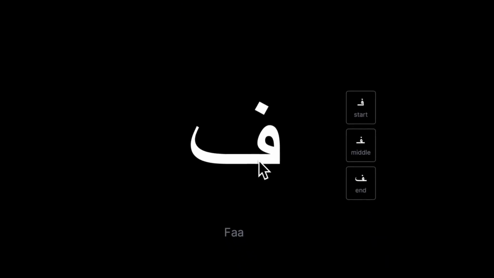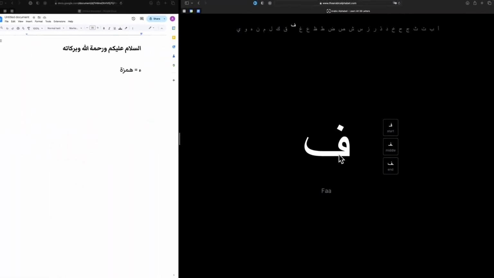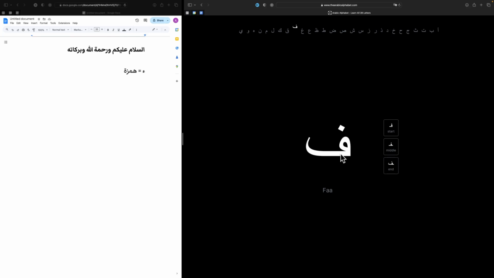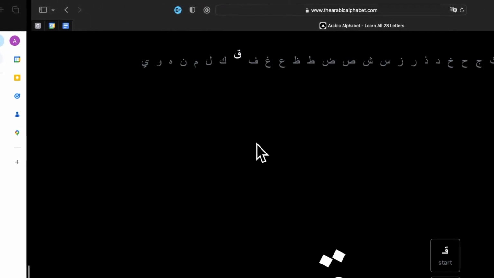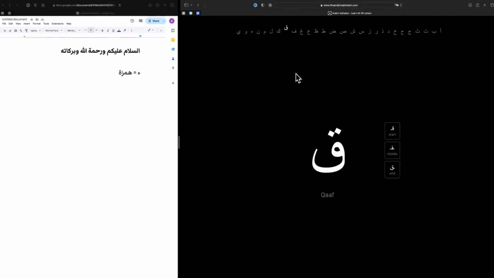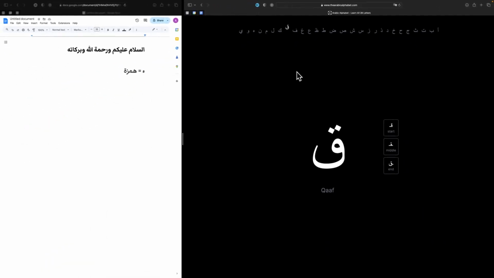Next is Faa, which is the equivalent of the F letter in English. Next is Qaaf, which is deeper in the throat and is almost equivalent to the K sound, but there's one which is the following letter here, exactly equivalent to the K sound.